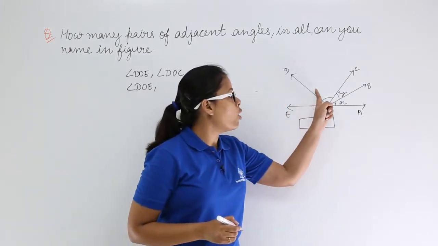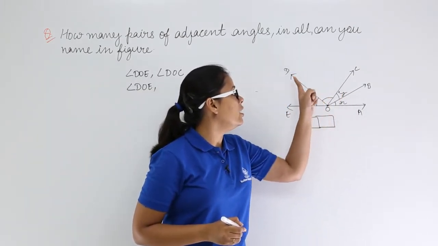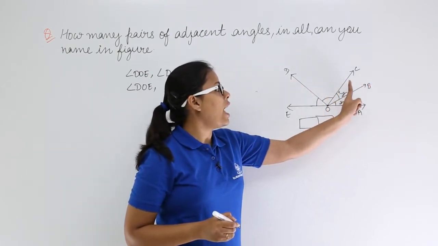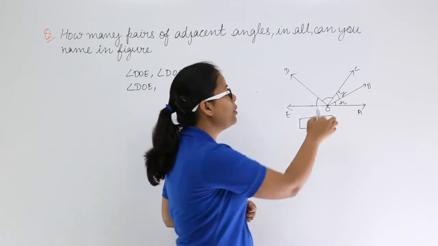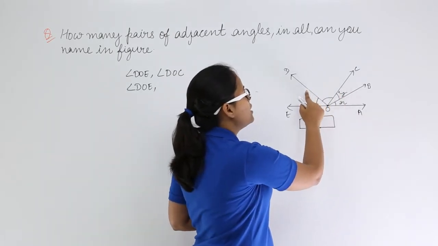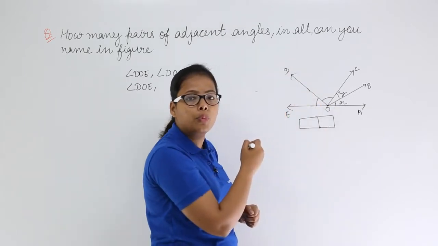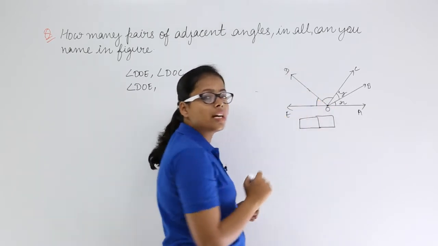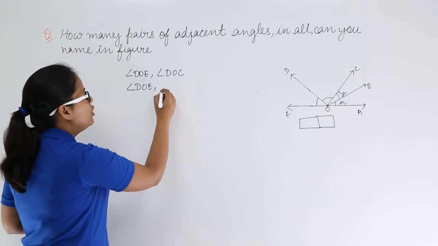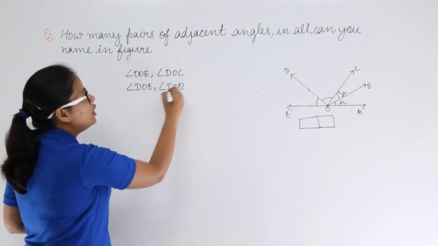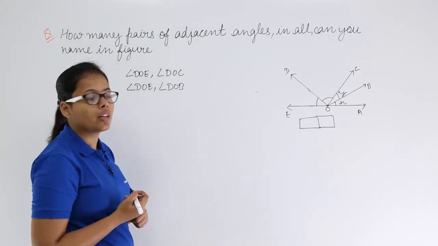This angle is also adjacent to angle DOB. Angle DOB includes this angle as well as this angle. But you can see here, this angle is adjacent with this angle. Why? Because this line OD is common between both. That's why these two angles are adjacent to each other. So here our pair of adjacent angles will be angle DOE and angle DOB.